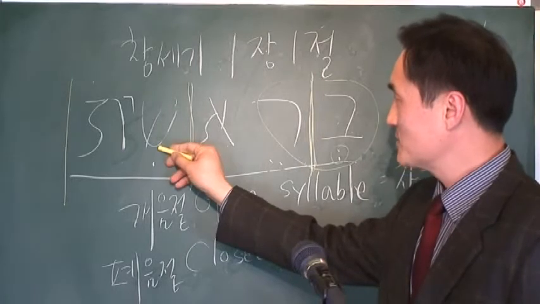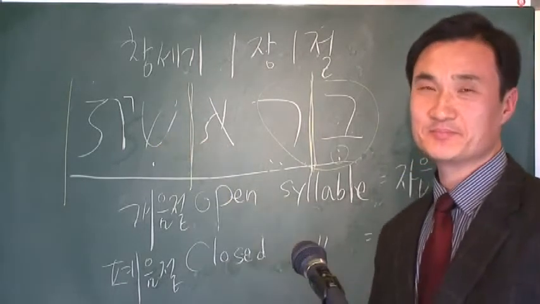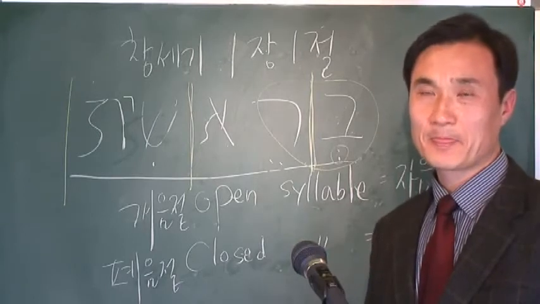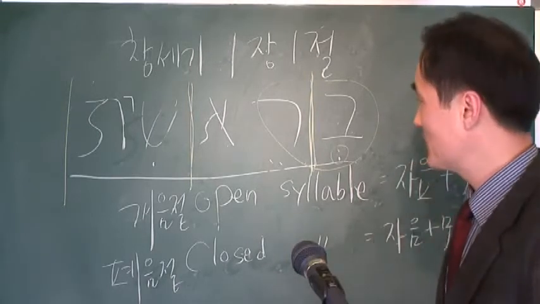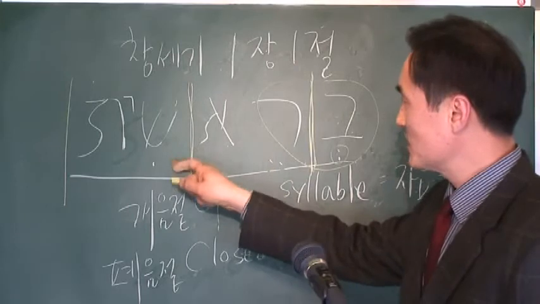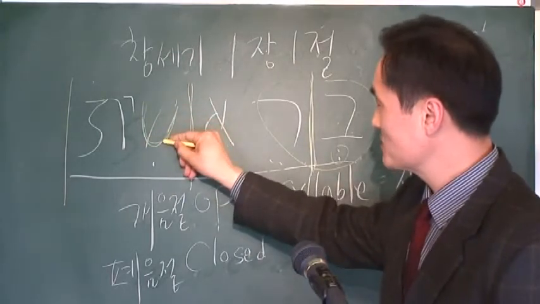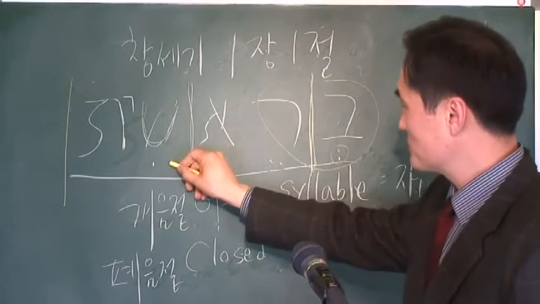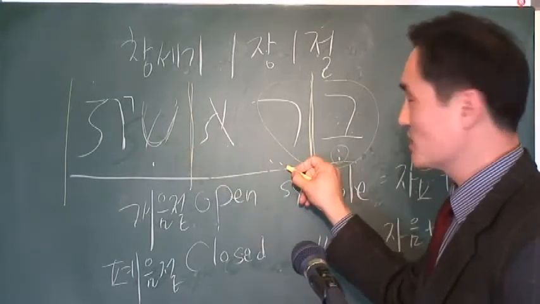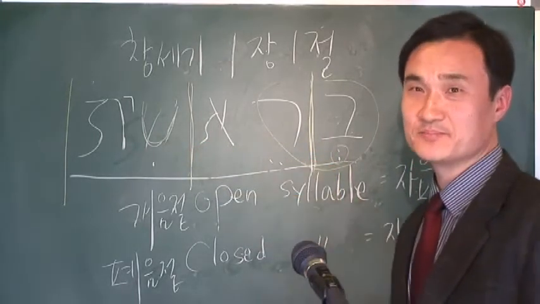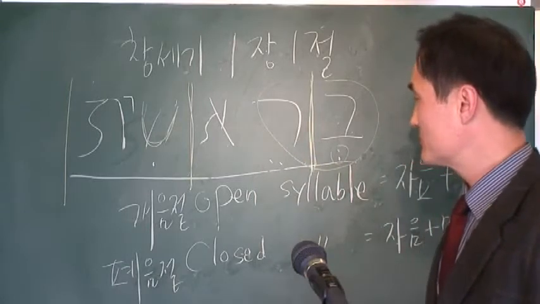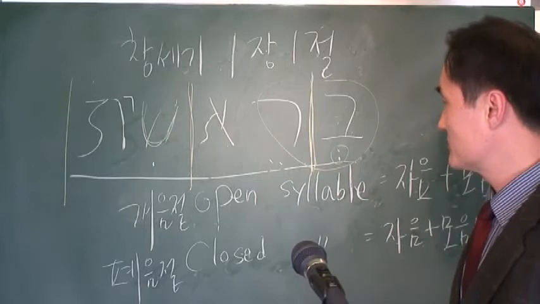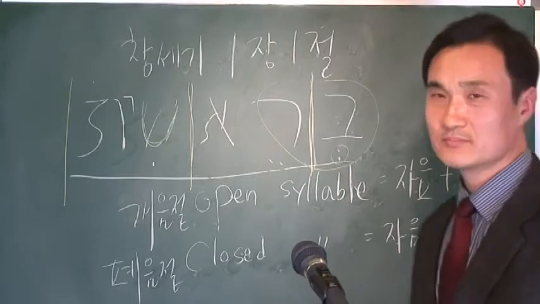Aleph can be placed with the next syllable. However, because the next syllable begins with a consonant and aleph cannot be placed with it, aleph must be placed with the second syllable.